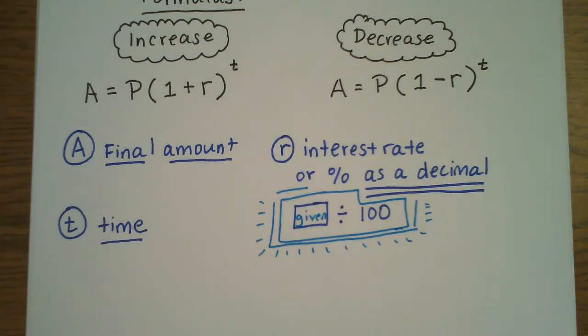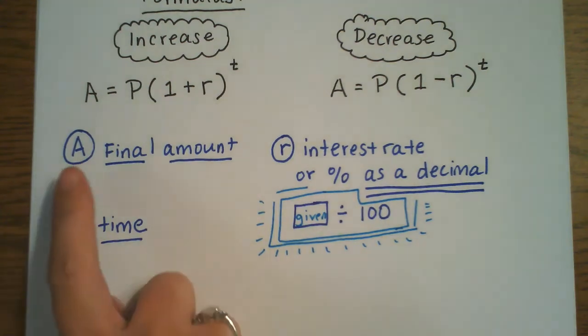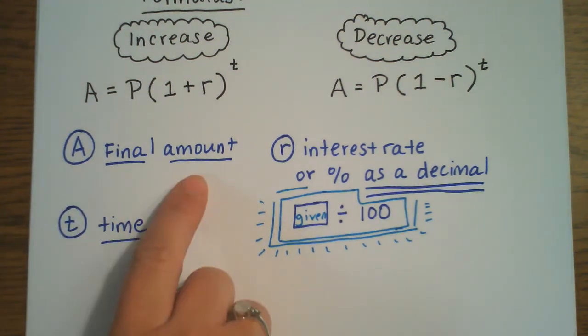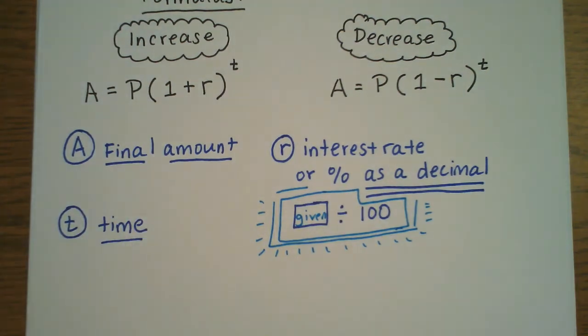All right, so we only have 3 variables that we're working with right now. There are some more complex formulas that we'll look at, but these are the basic ones. So today, what we're going to do is find the final amount, and, oh, I didn't write what P was. Sorry, I'm missing one.